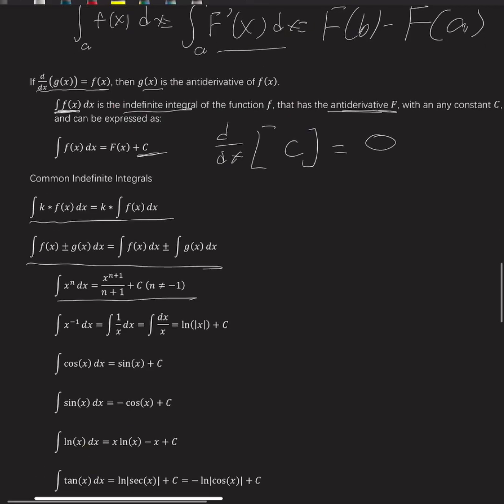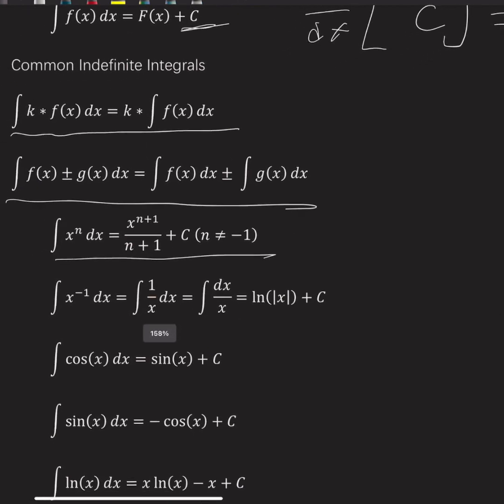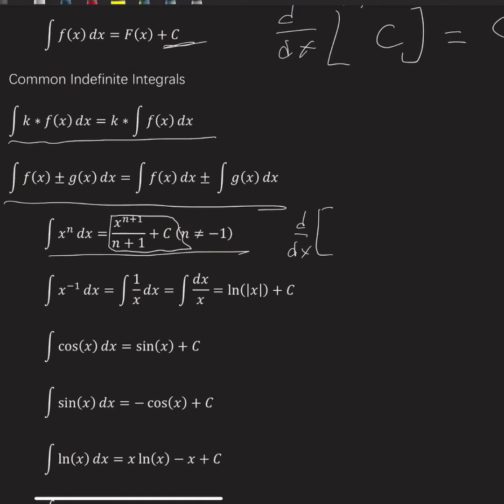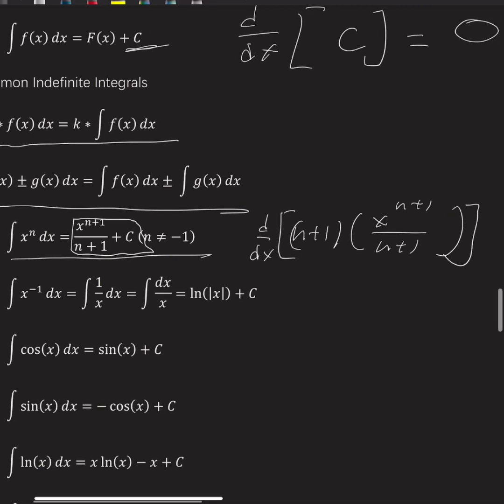And this is the reverse power rule. What we see here is that if we take the derivative of this antiderivative, n plus 1 times x to the n plus 1 over n plus 1, we get x to the n, because the exponent is reduced by 1.